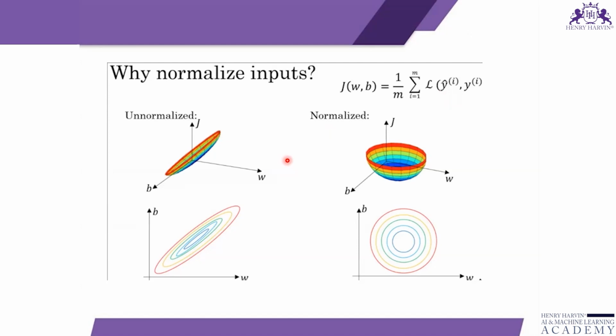If you plot this data in 3 dimensions, let's say we have W, B, and J. If it is unnormalized data, W and B and J will not be on the same scale, and there may be values which are different.